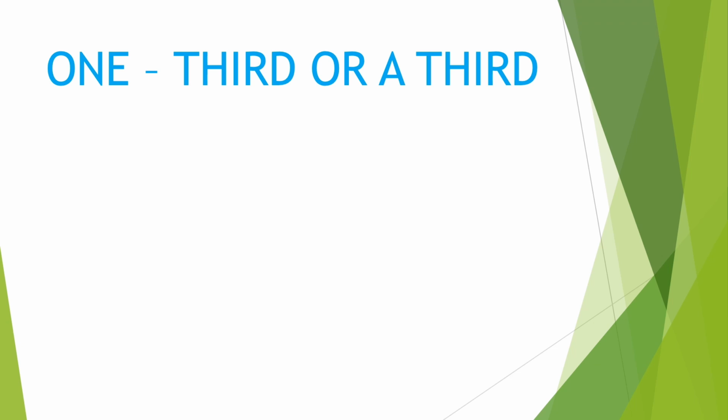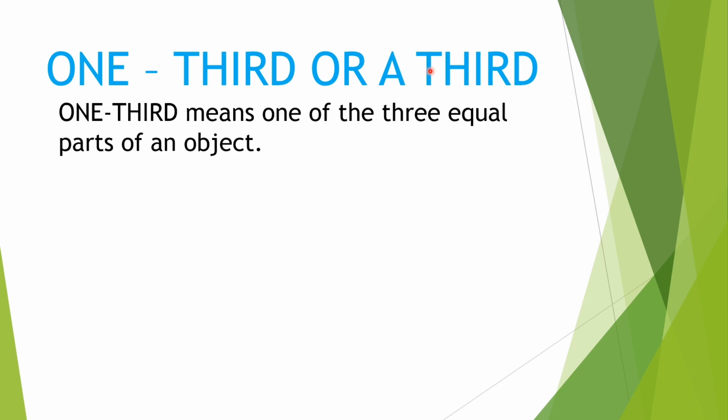So what do you see now? 1/3, right? Between the 2 words, one and third, there's a hyphen used, one-third, or a third, but there's no hyphen used in a third. So what does 1/3 mean? 1/3 means one of the 3 equal parts of an object.